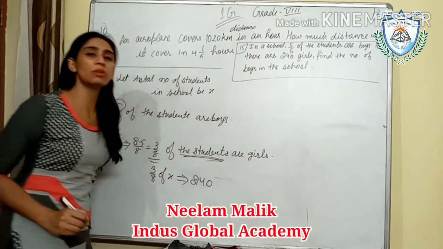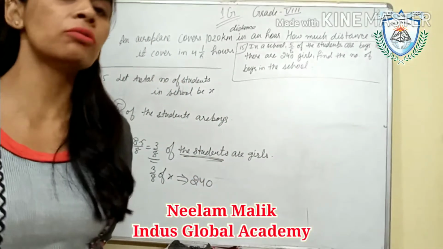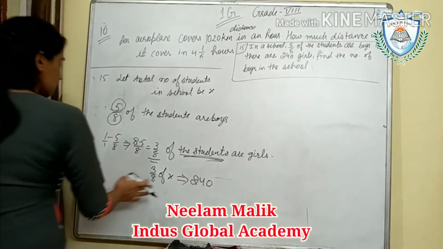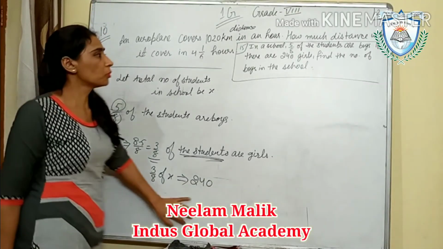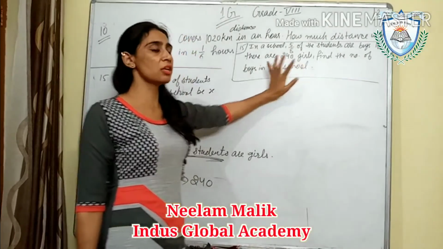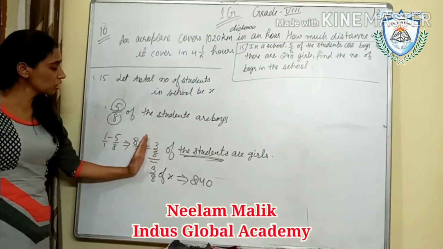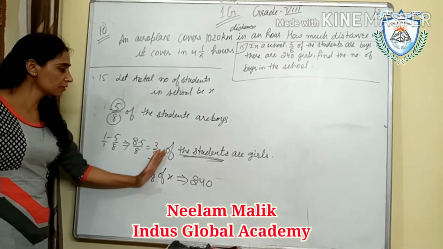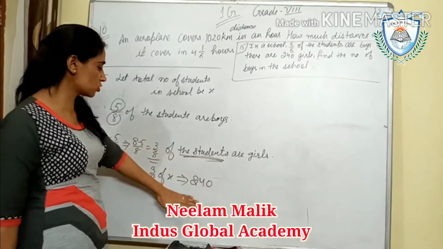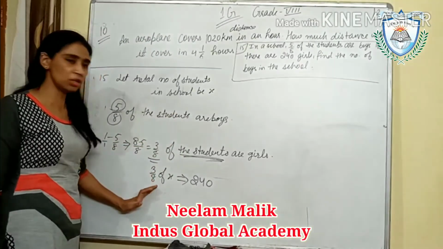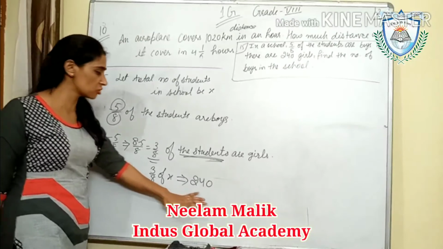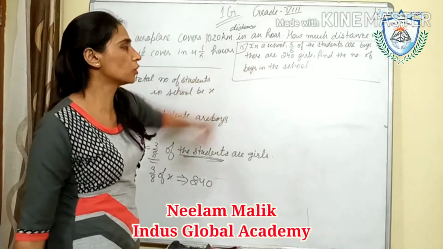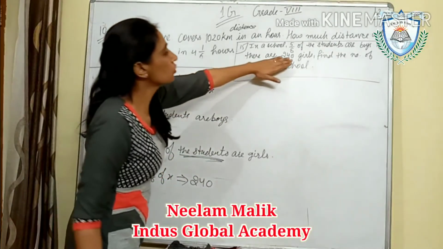So here we get one equation from where we can get the value of x. Please understand this, because the value for the girls is given, so 3 upon 8 of the students, total is x, so 3 upon 8 of x is equal to 240. 240 is given there, here is 240.